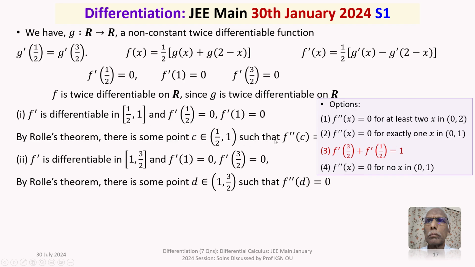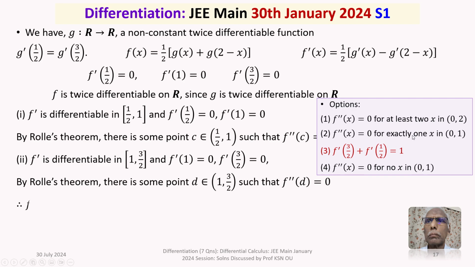In that there is one point at which f double prime c is 0. Is it exactly 1? We do not know. Why? Because the behavior is known only in the interval 1/2 to 1. And what happens in 0 to 1/2? So you cannot give any guarantee for exactly 1.